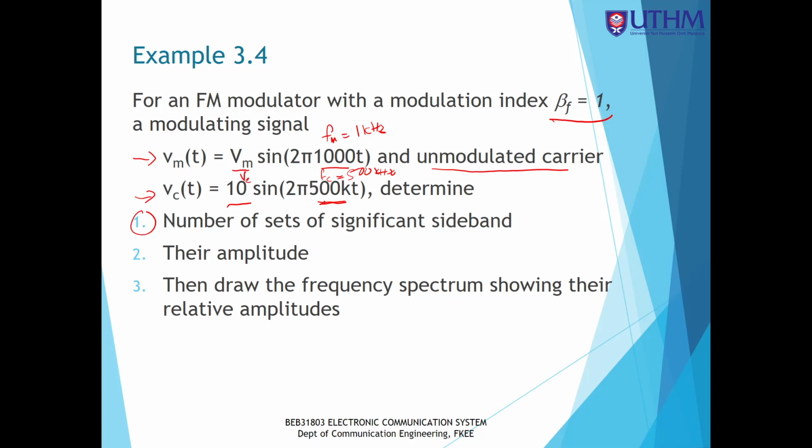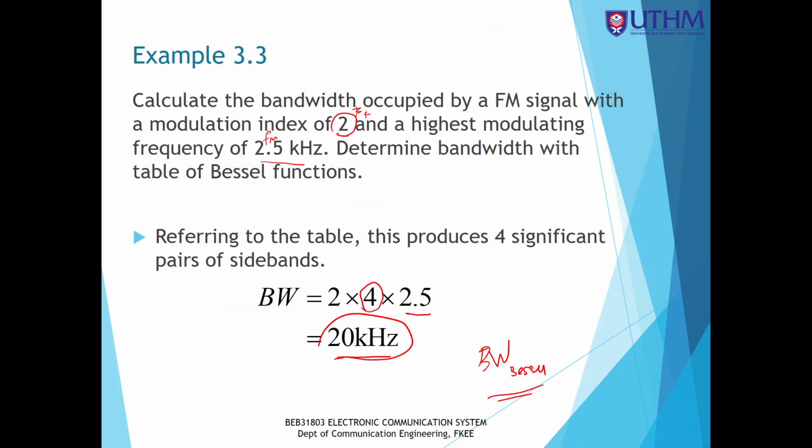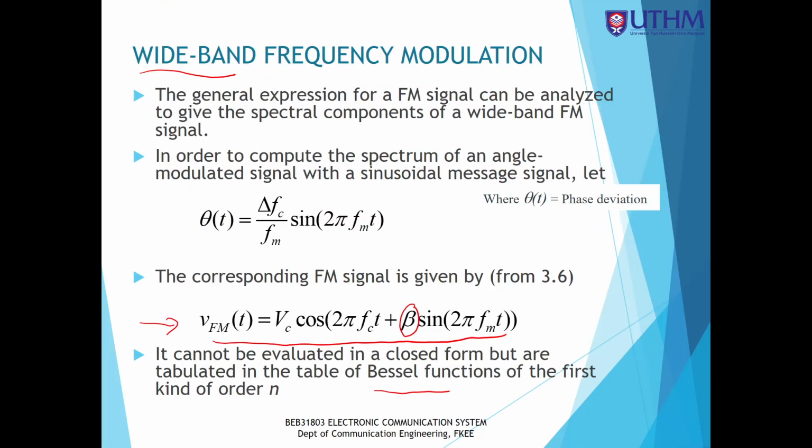The number of sets of significant sidebands, which is n, can be determined based on the Bessel table. This n parameter is determined based on the value of beta. So if beta is equal to 1, let's look inside the table.